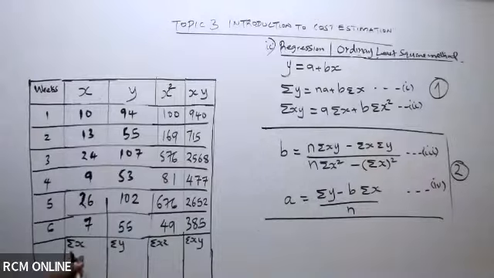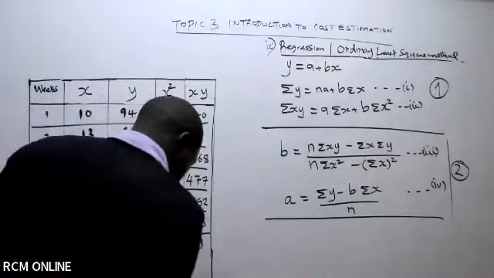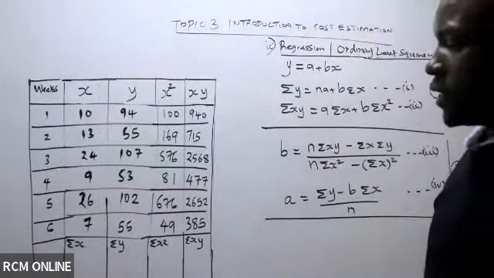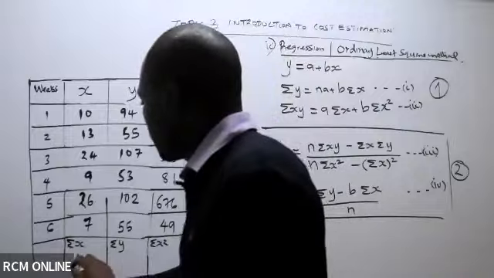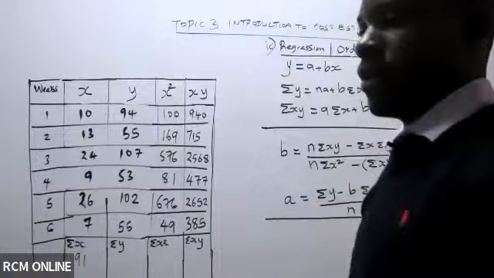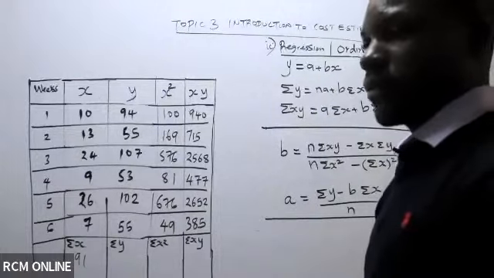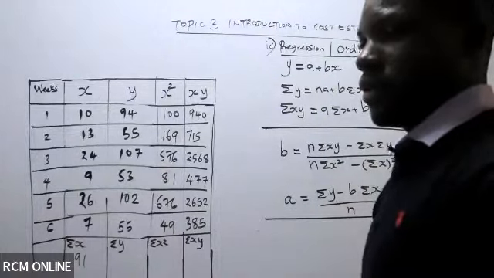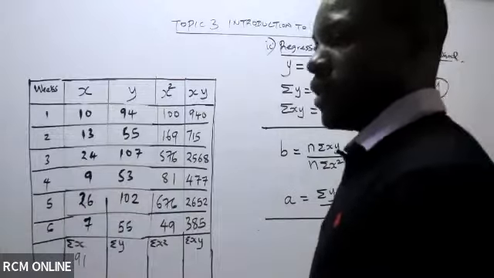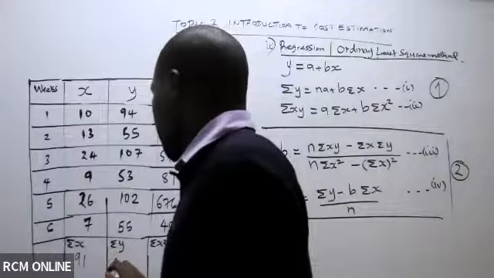So can you give me the summation of x? Summation of x, 91. Summation of y. Someone to do x squared, that is 466.